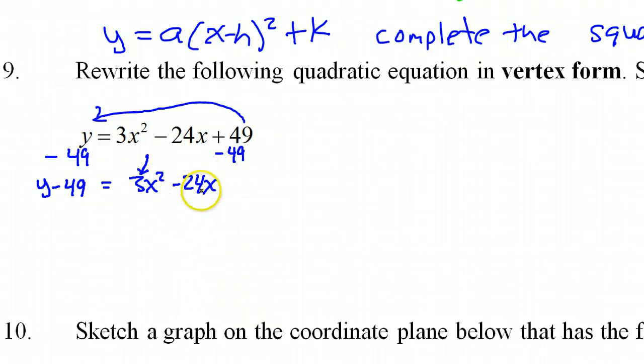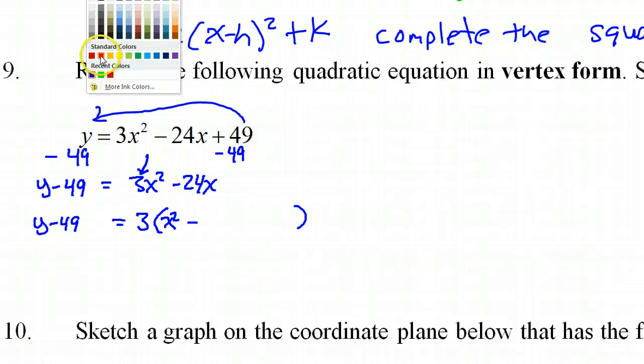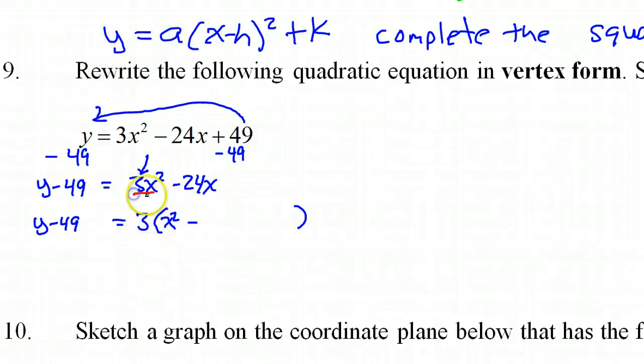Before you can complete the square, you have to factor out this leading coefficient, like this. So I'm going to have y minus 49 equals, but before I can complete the square, I'm going to put this 3 outside of parentheses. Then I'll have x squared minus, if you're not sure what to put next, just understand that when you factor out a common factor, you divide.